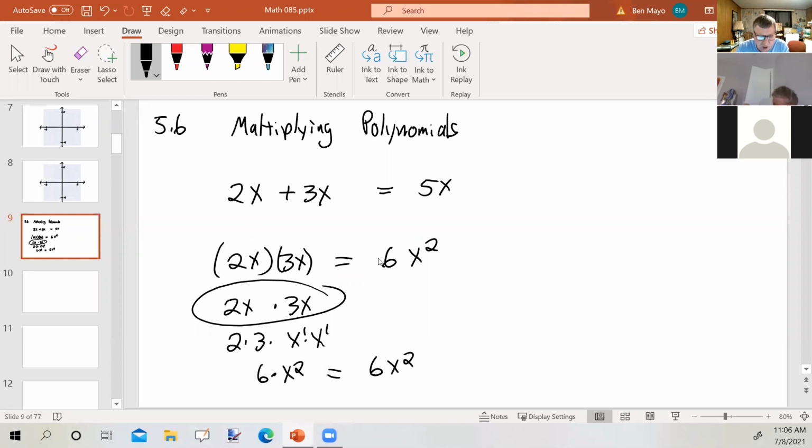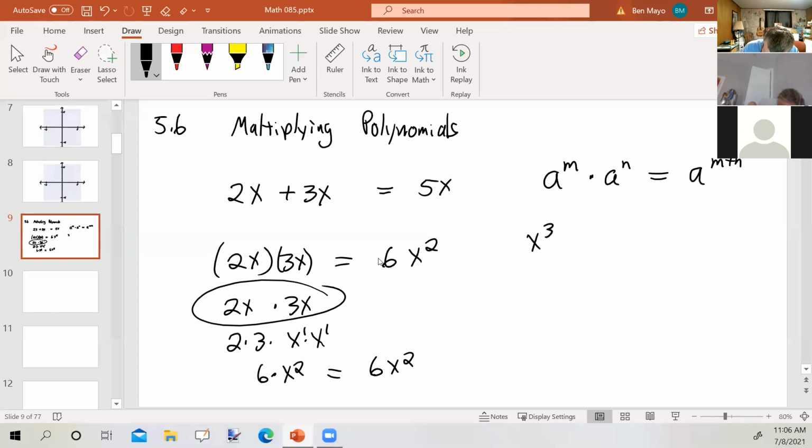All right, the general rule says this: when you're multiplying 2 powers with the same base, so let's say we've got a to the m times a to the n power, you add the exponents and attach them to the common base.